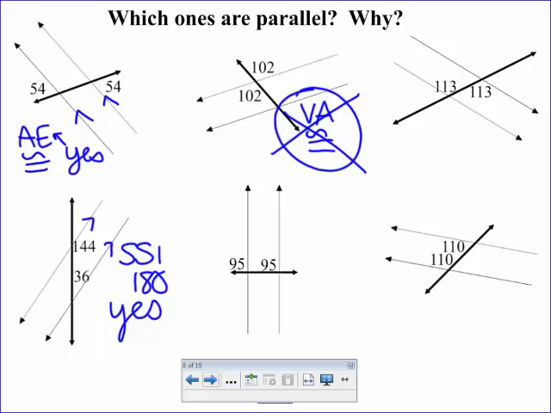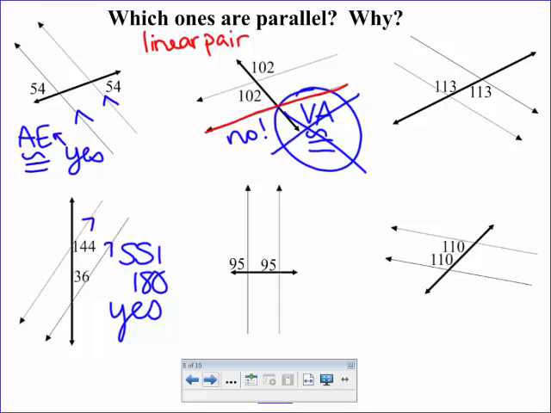We don't know anything else about this line that's down here. Okay? We don't know if it's 102 or 102. Vertical doesn't mean that they are going to be parallel, and the other one, don't be fooled, is a linear pair. Okay? That also won't show parallel. It's just the 5 that I put in the chart in the very beginning. So no, these lines might be, but we can't determine if these are parallel.